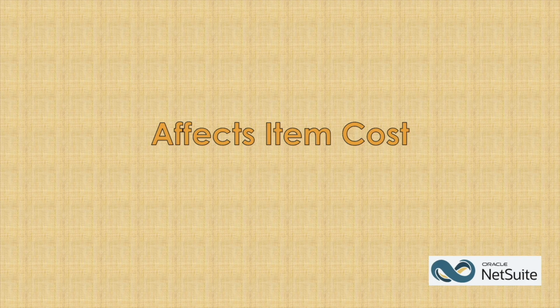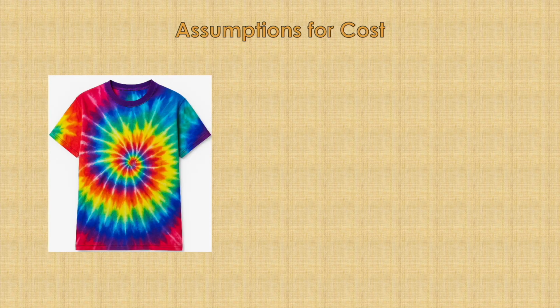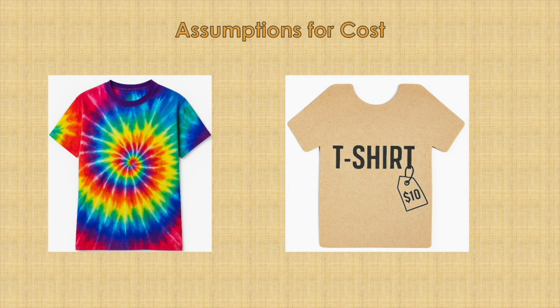Impact of IncoTerms on item cost. Now, let's see how these terms impact the final landed cost of a product. Suppose our company, ABC Company, buys t-shirts from the supplier at the rate of $10 each, with a minimum order quantity of 1,000 pieces. That means the product cost is $10,000.